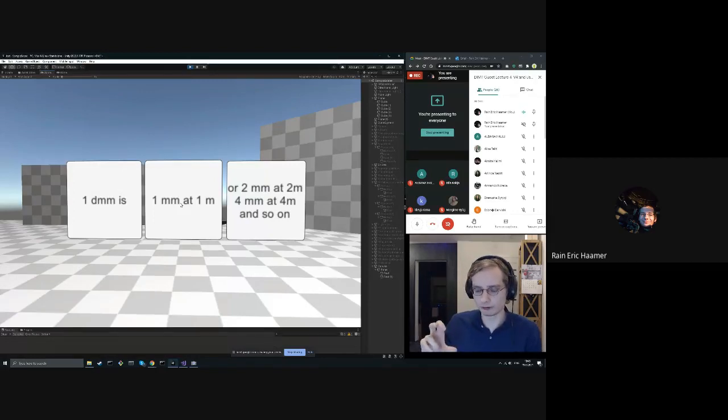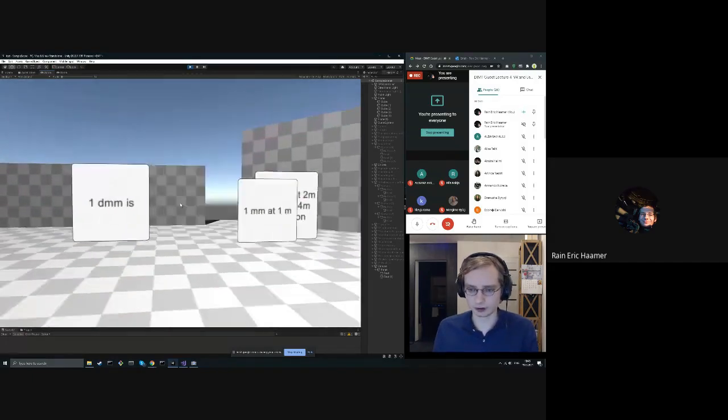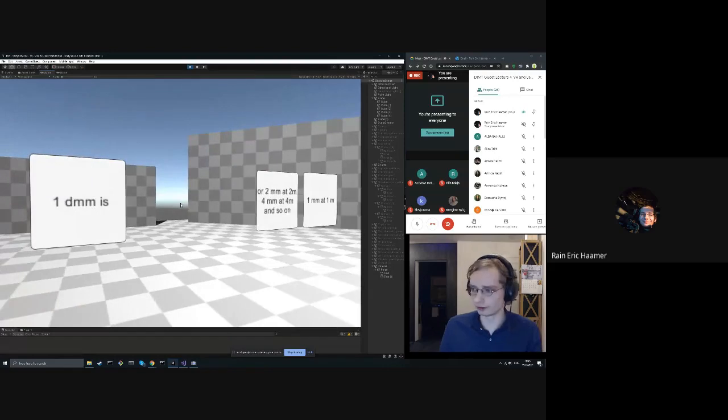Your user interfaces are not always small or large, because distance plays a part. Your user interfaces can be further away from the user, or they can be closer to the user. And because of that, some interfaces may seem larger and some may seem smaller. For instance, here we have 3 user interfaces, but they're all at different distances from the user.